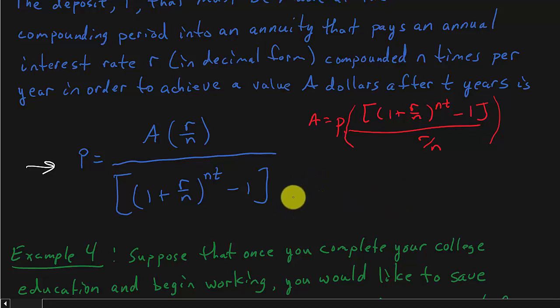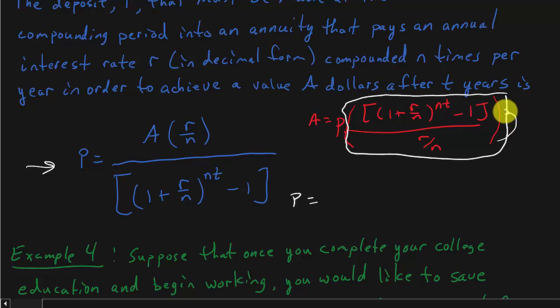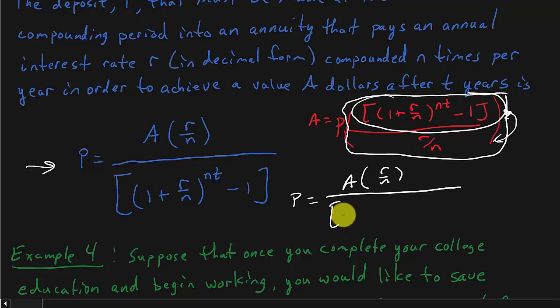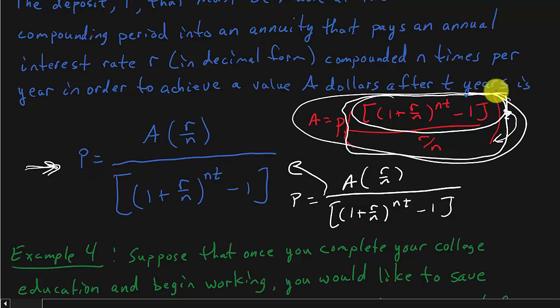P is equal to, and what I'm doing is multiplying by the reciprocal of this thing. So all I'm doing is flipping this. You see that? This R over N comes up into the numerator, so that's A times R over N. And then this part comes down to the denominator, 1 plus R over N to the NT minus 1. And you can see that's that formula right there. So no, you don't have to memorize this. I mean, you can, but if you just remember this one, you can get everything from that.